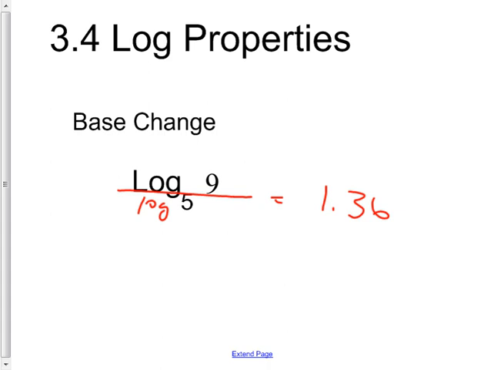Same exact thing, isn't it? It's also 1.36. The point is that when you do a base change, this was a log base 5, and when I type it in the calculator with a base 10 or with an ln, which is a base e, either base e or base 10 gives you the same exact answer.